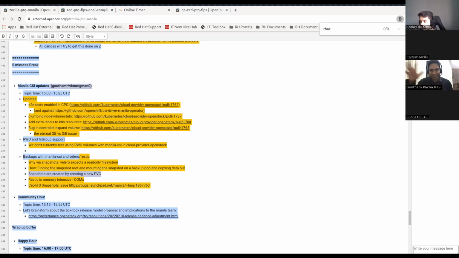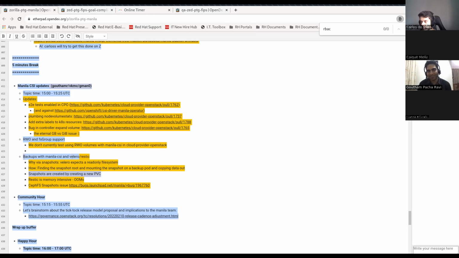But should all these stars align and somebody wants to override that FS group policy, they should be allowed to take effect and make these changes if you discover that the root file system has the incorrect permissions compared to what the pod spec specifies. So that's kind of where this discussion ended.